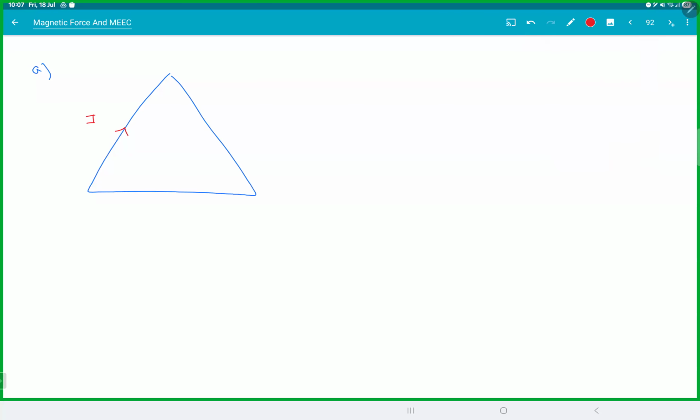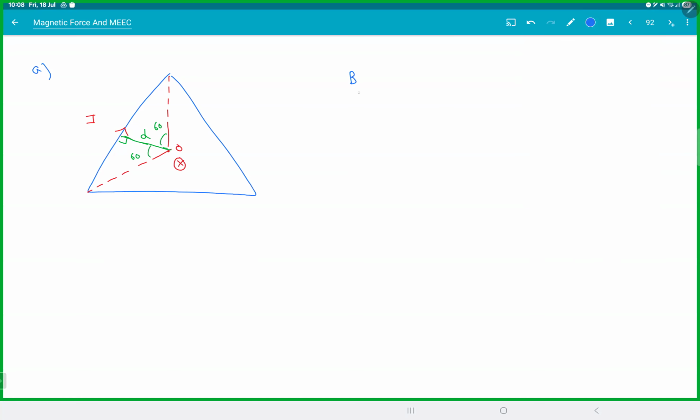So for this guy, if this is the centroid, if you drop the perpendicular, remember this is the perpendicular distance d. This is 60, this is 60. And the field direction, use right hand thumb rule, it is into the plane.